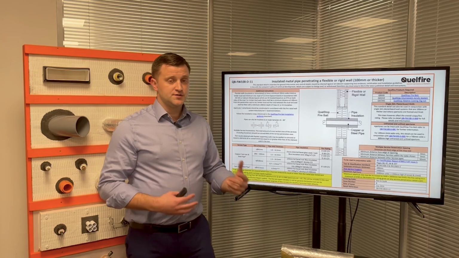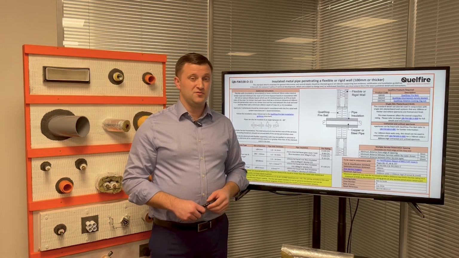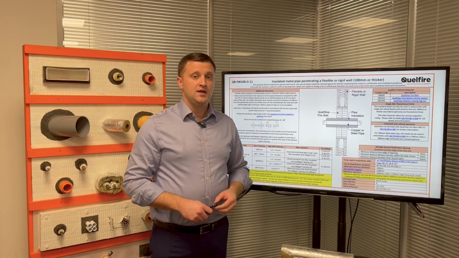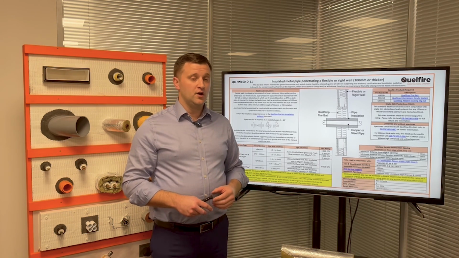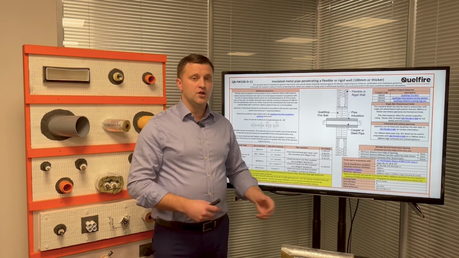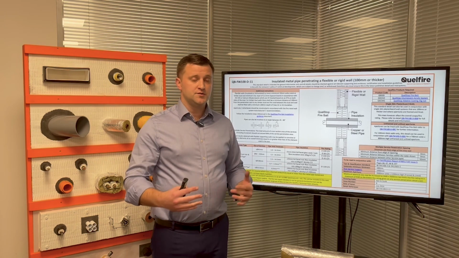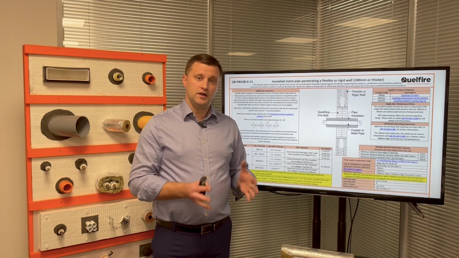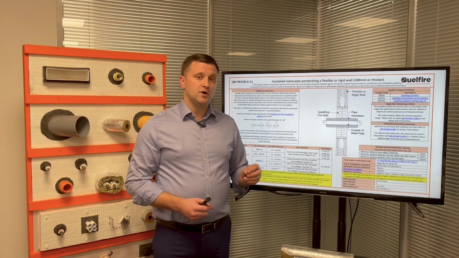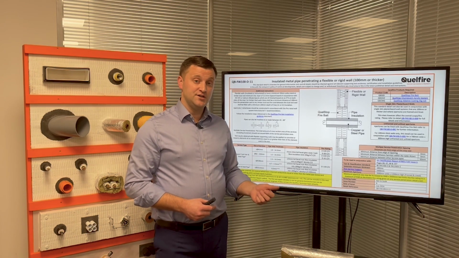So one of the questions that comes up from time to time is, do we have to use a certain branded insulation? You may be having supply chain issues with one particular brand over against another. Maybe cost comes into it as well. And I suppose the simple answer is no, you're not limited to a brand. You are limited to the specification.